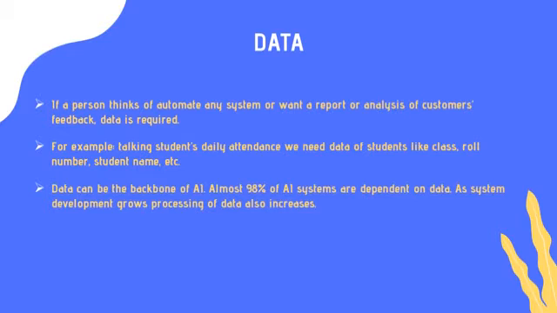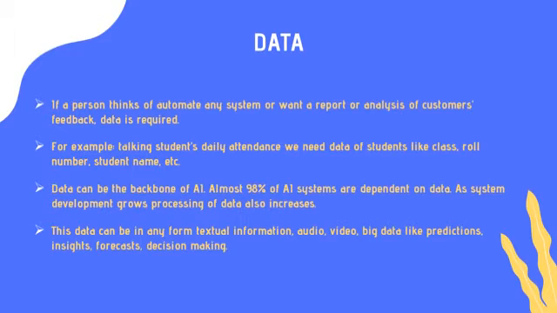Almost 98% of AI systems are dependent on data. As system development grows, processing of data also increases. This data can be in any form: textual information, audio, video, big data like predictions, insights, forecasts, decision making, etc.